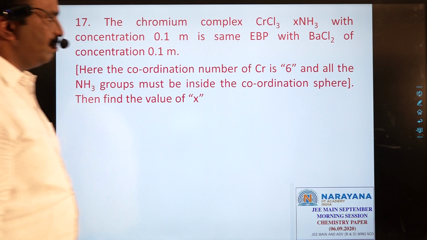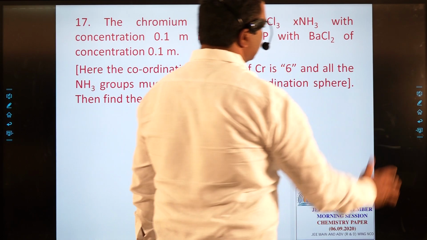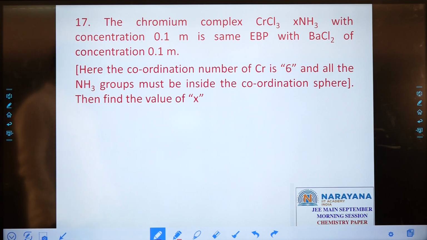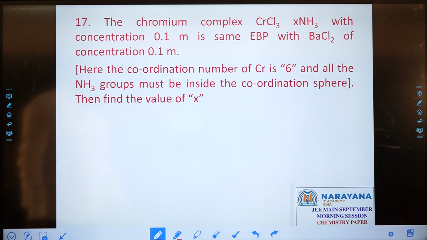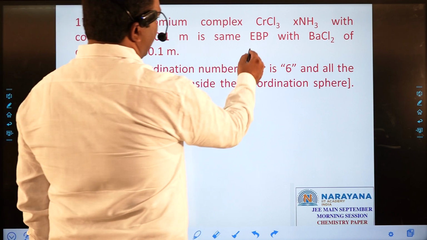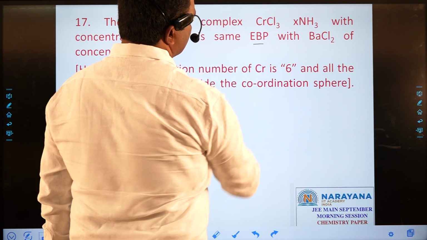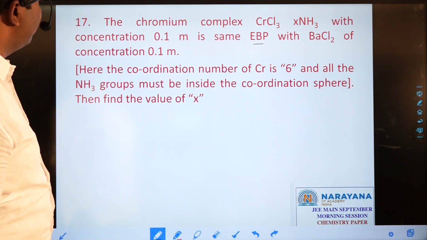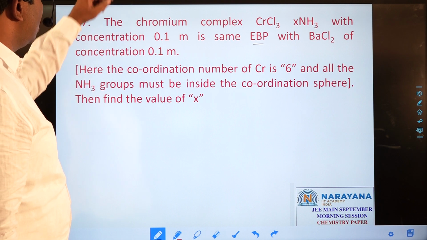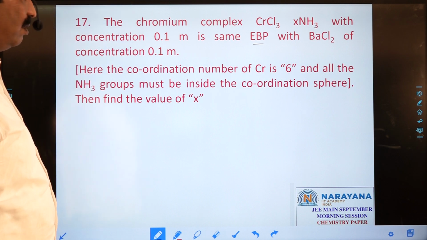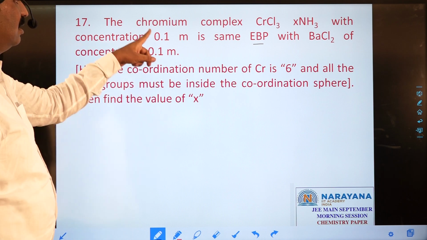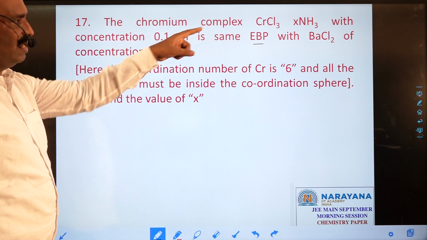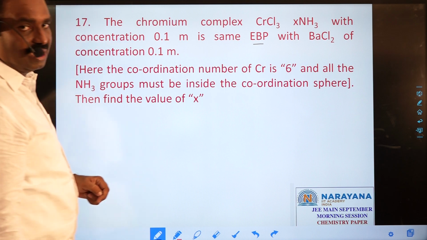The chromium complex CrCl3·XNH3 with concentration 0.1 molal has the same elevation in boiling point as that of 0.1 molar BaCl2. So BaCl2 is 0.1 molar and the chromium complex is also 0.1 molar.